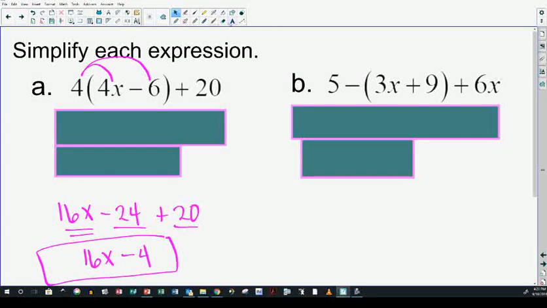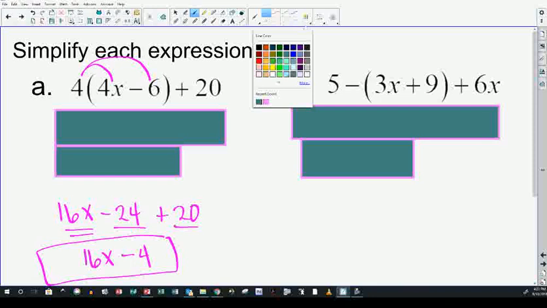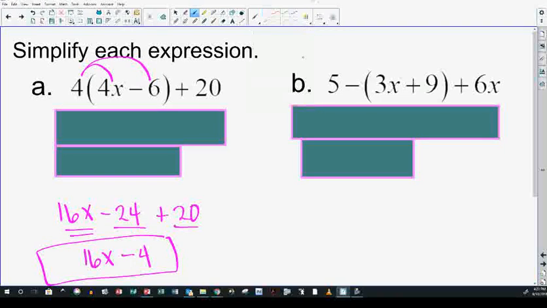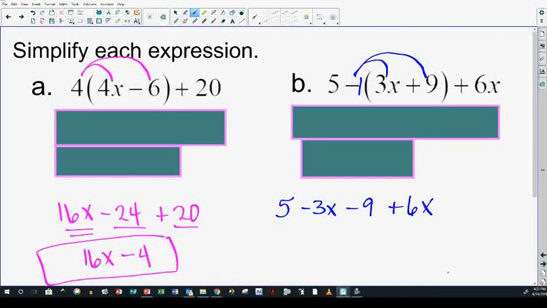In this next example, since the 5 is outside the parentheses, it's not going to have any relevance on the distributing. So I'm going to bring it down. So I have this negative 1, so that's like negative 1 times 3x is negative 3x. Negative 1 times 9 is negative 9. And then the 6x is not part of the parentheses either.